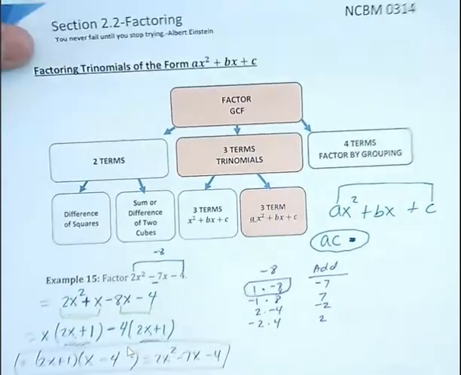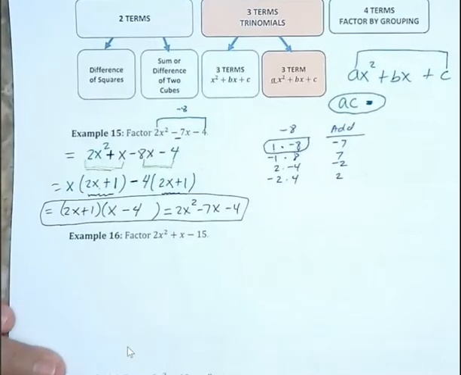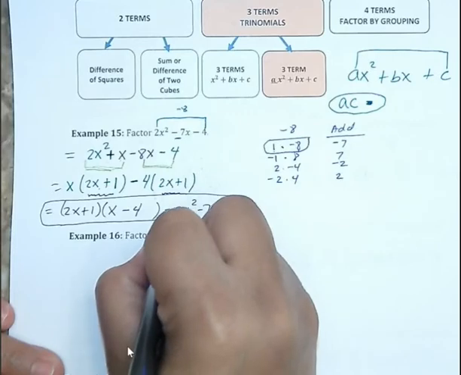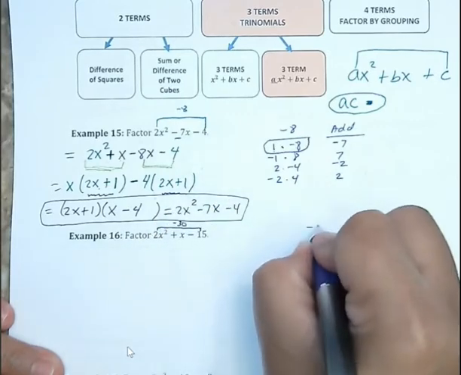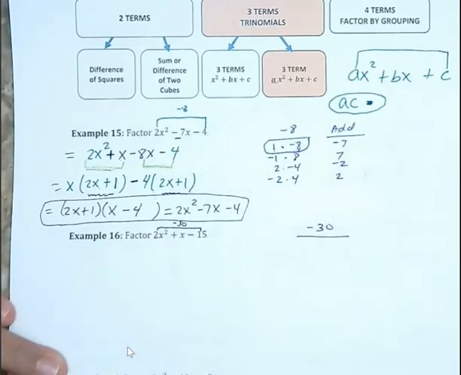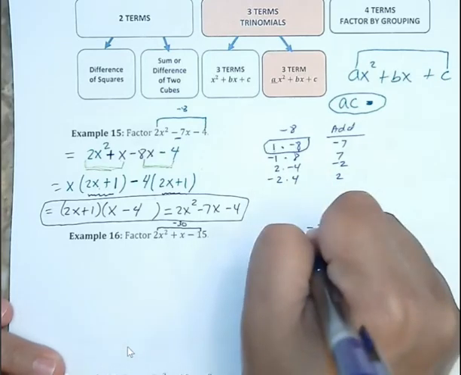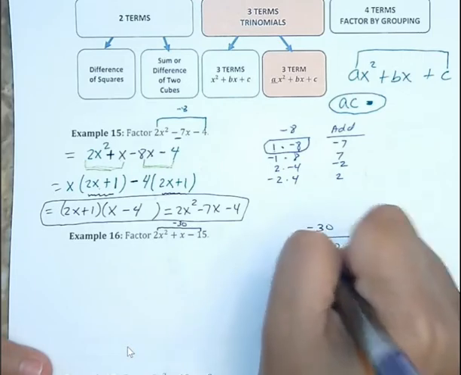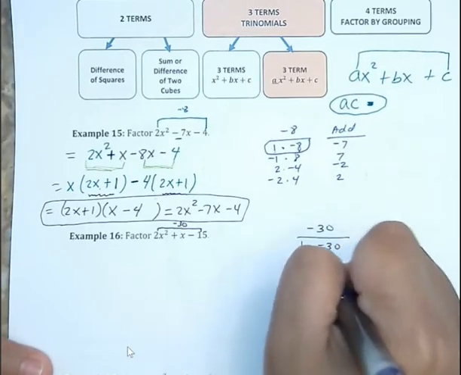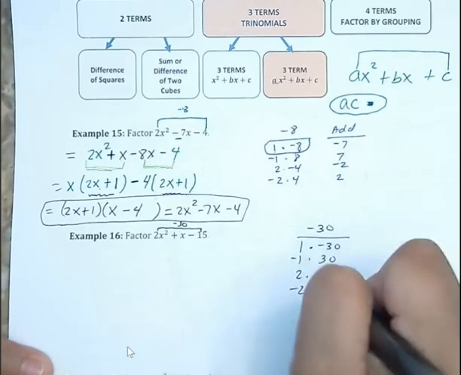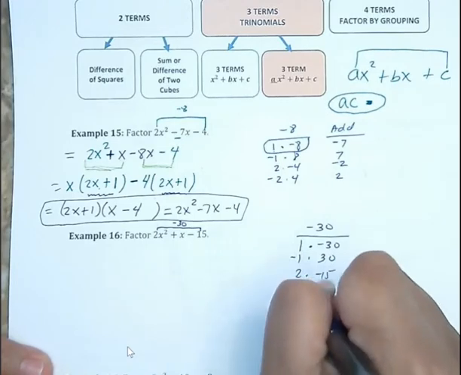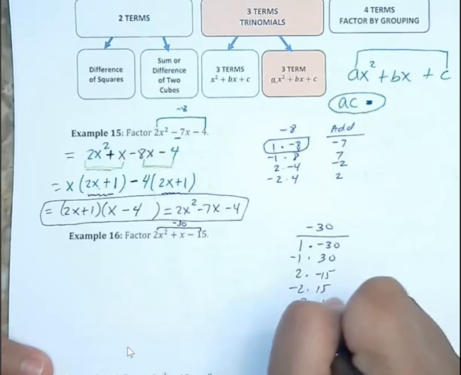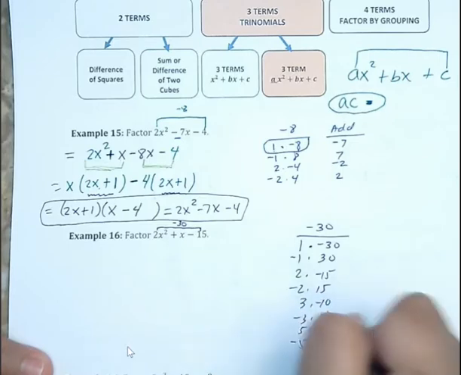So let's try another example. The first step is to multiply 2 times negative 15, and we get negative 30. Then we're going to list the factors. 1 times negative 30, negative 1 times 30, 2 times negative 15, negative 2 times 15, 3 times negative 10, negative 3 times 10, 5 times negative 6, and negative 5 times 6.